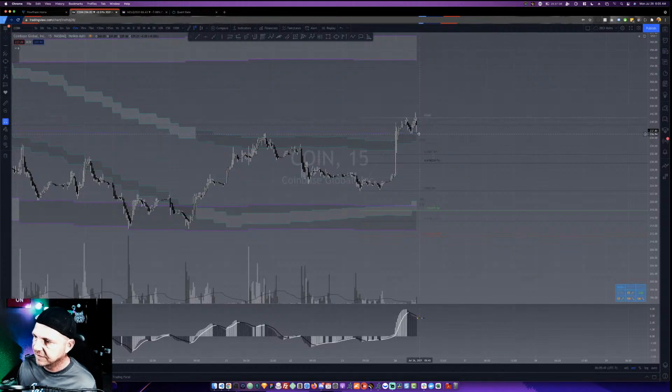If it can maintain this 236, 237 level, look for this type of a move to occur. Right up. Come on. Bounce off of there. Nope. Let's try that again. So off of the 4-hour top, up to the daily top, coming at 250, 256.